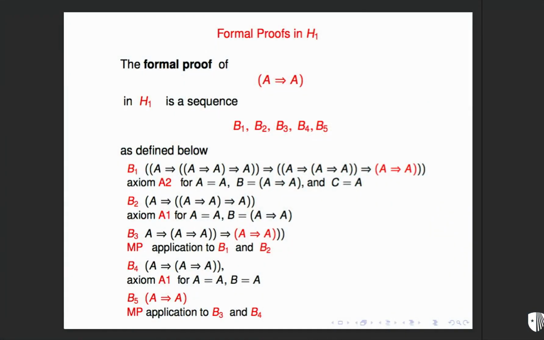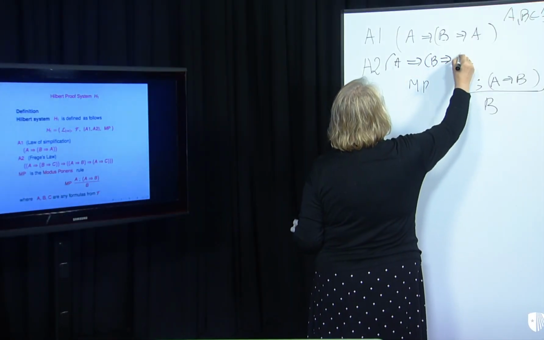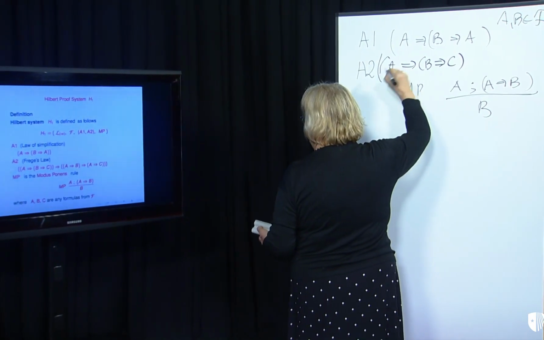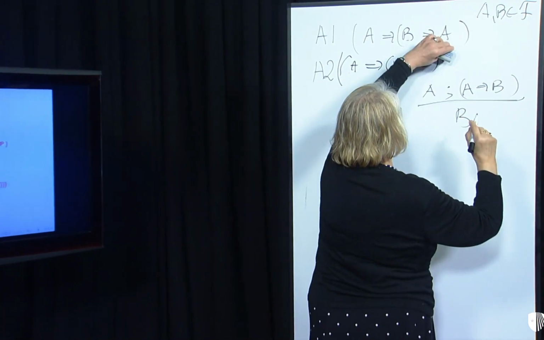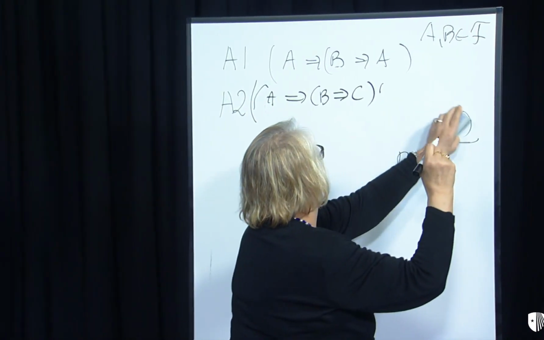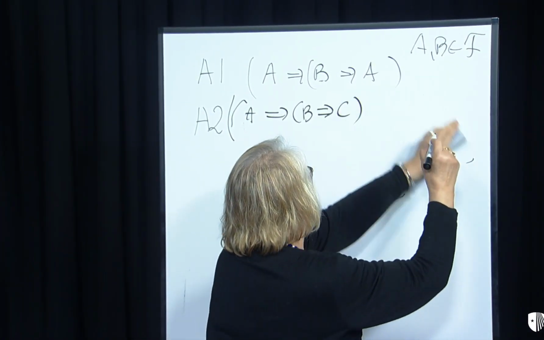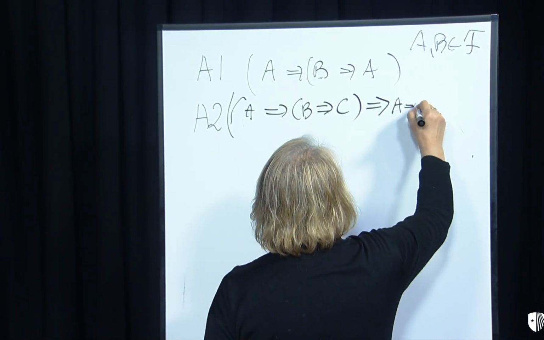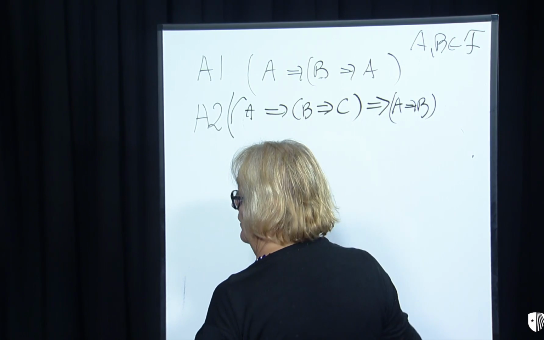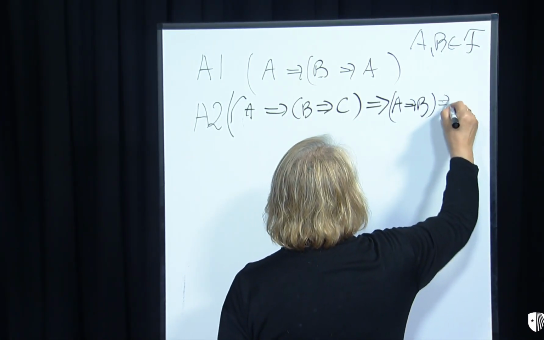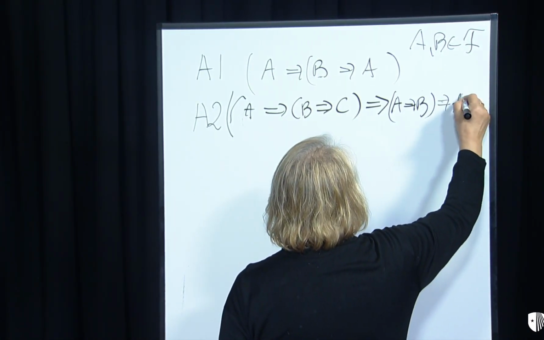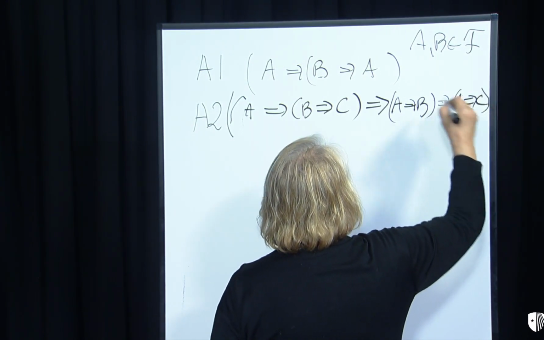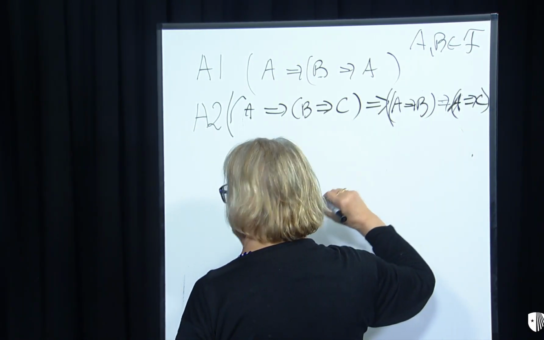So here axiom 2 is A implies B implies C, implies A implies B, and now we need then A implies C, and then we need the proper parentheses.